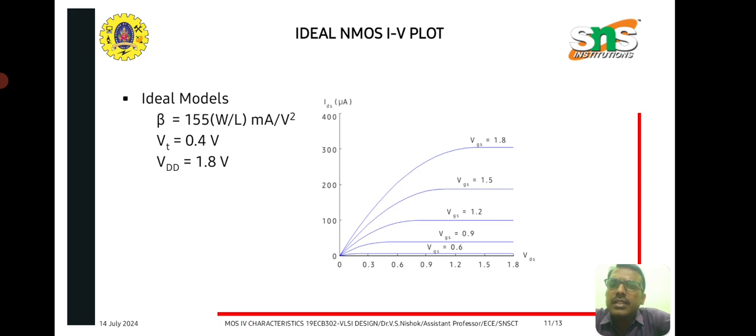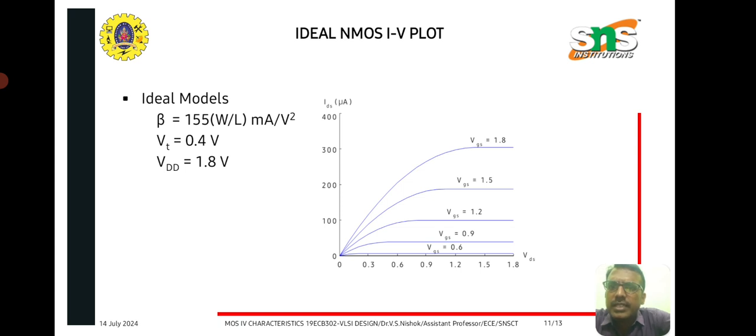Here we can see the plot representing current and voltage of the MOSFET transistor, especially the NMOS transistor. The x-axis is represented by VDS and the y-axis is represented by IDS. When the VGS, that is the voltage given to the gate of the NMOS transistor, is gradually increased, in the initial stage the current also starts to increase linearly with the increase in the VGS value.